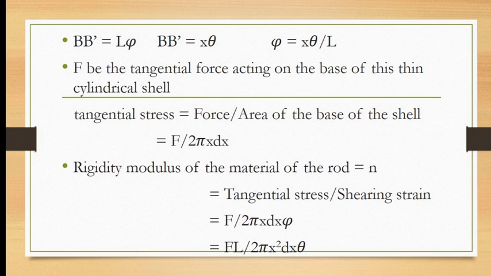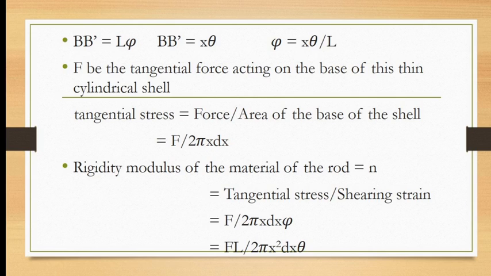Now what is the rigidity modulus of the material of the rod? That is stress by strain, isn't it? The corresponding tangential stress to tangential strain. So we have the tangential stress as F by 2πx dx. Now what is the shearing strain here? Shearing strain is φ.